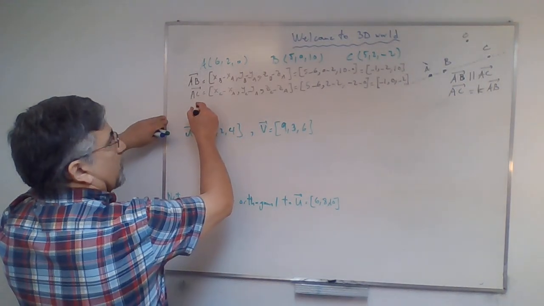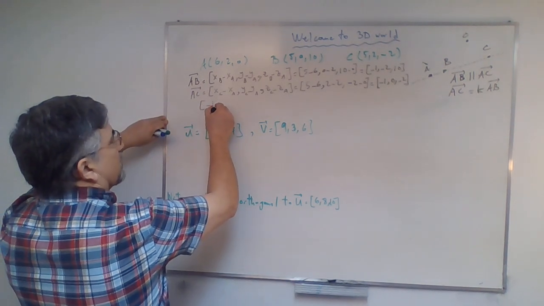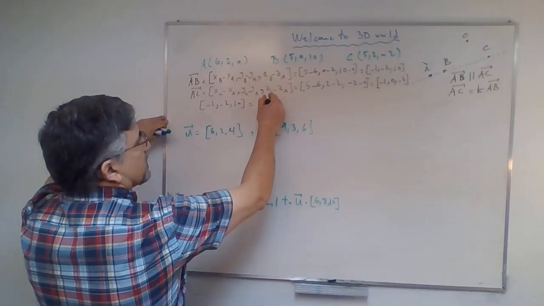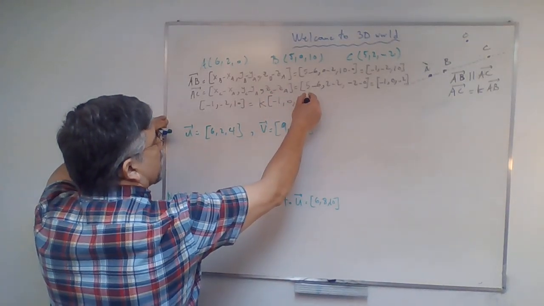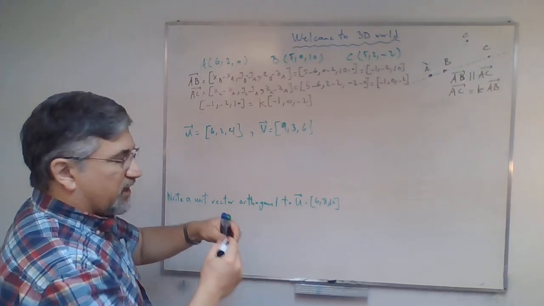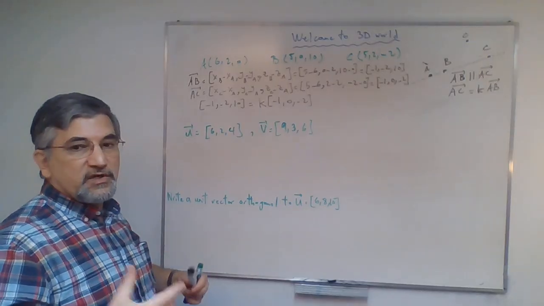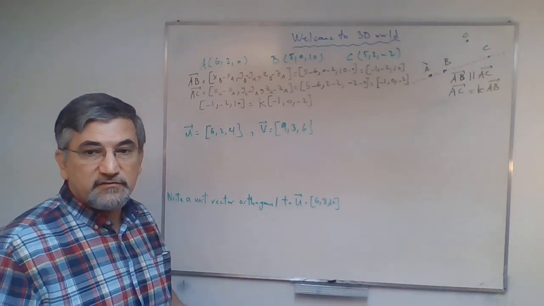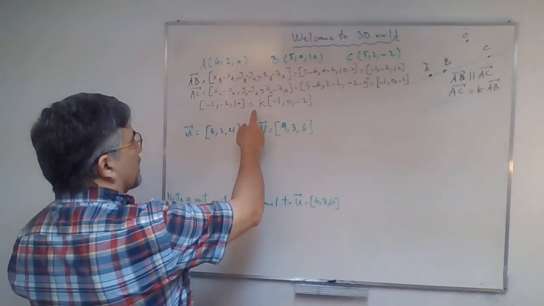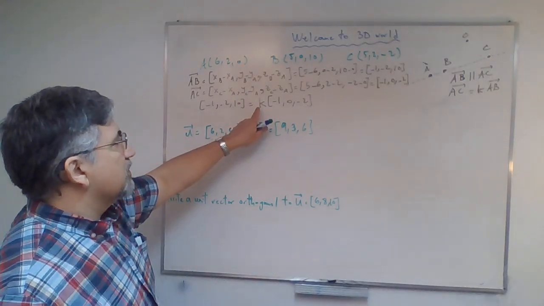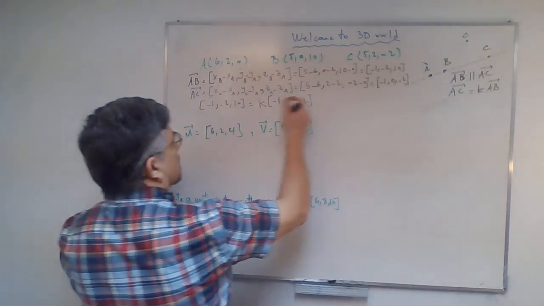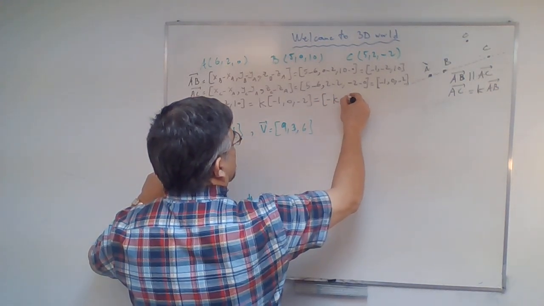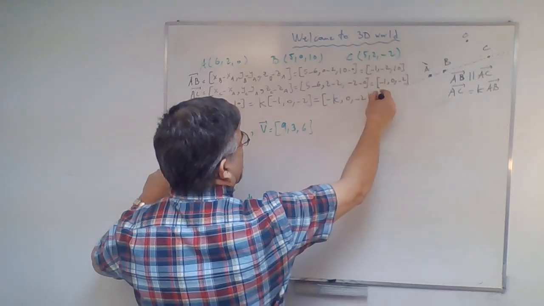So we are checking to see if negative 1, negative 2, comma 10 is k times negative 1, 0, negative 2. The question is, can we find the scalar k? Can we find a real constant such that this vector equals k times that other vector or not? So this is negative k, 0, negative 2k, okay?